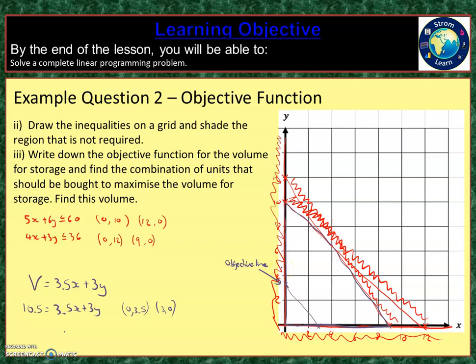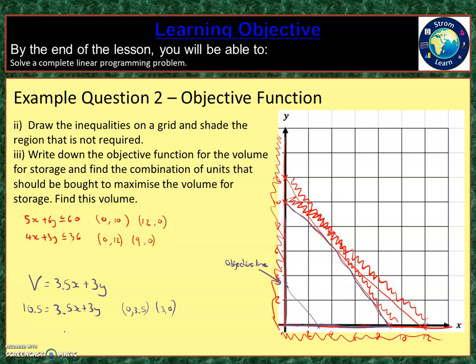If we were to rearrange 10.5 equals 3.5x plus 3y into the form y equals mx plus c, the gradient of that line is not dependent in the slightest on what that value of V was. So any value of V is going to return me the same gradient.